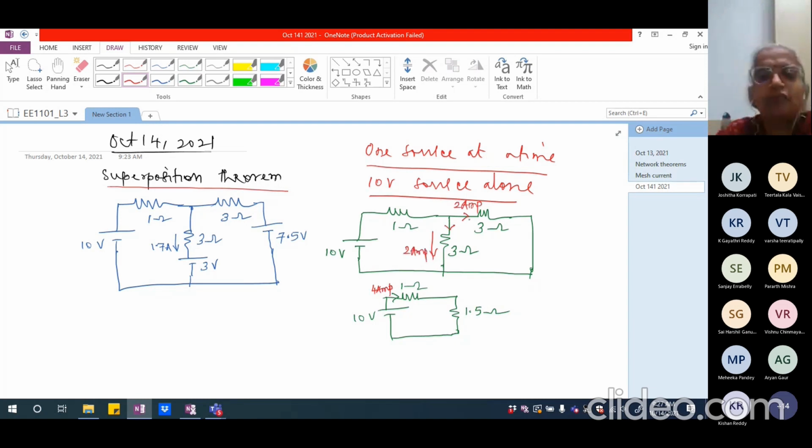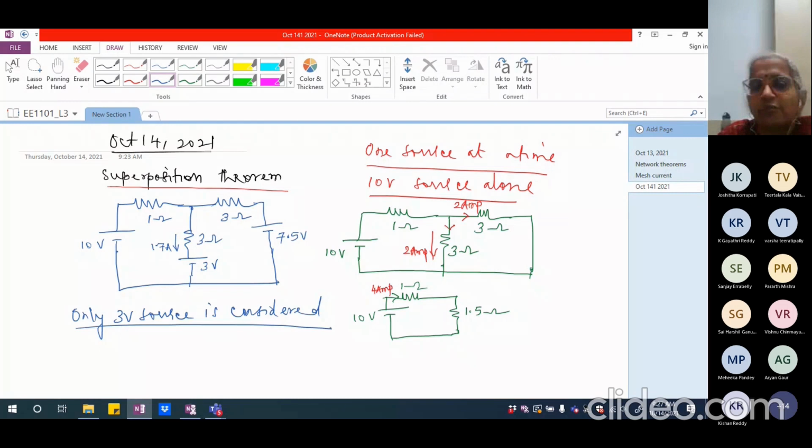Now when we consider only the 3 volt source, let me draw the circuit once again. I'm going to have the 3 volt source here, which is having 3 ohm resistance in series.